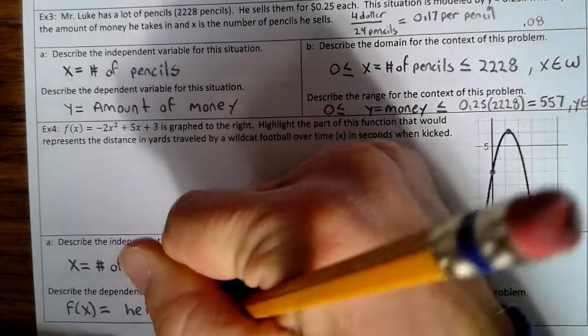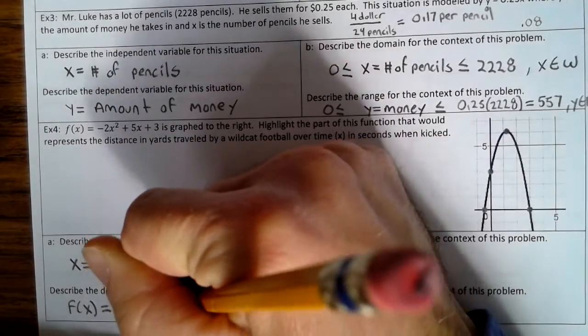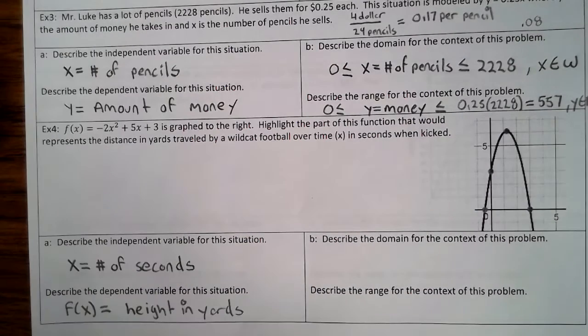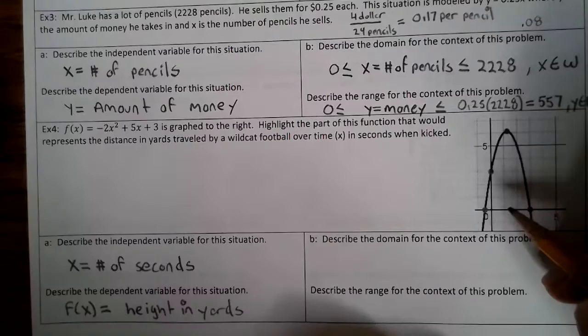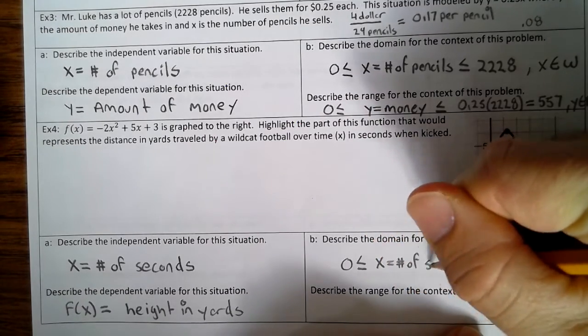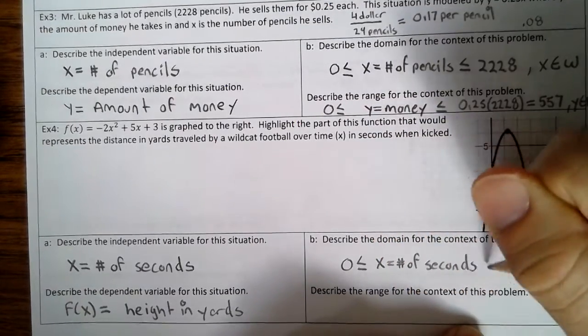Describe the domain in this context of the problem. So the ball time-wise started at 0. And it was in the air for, looks like 1, 2, 3 seconds.